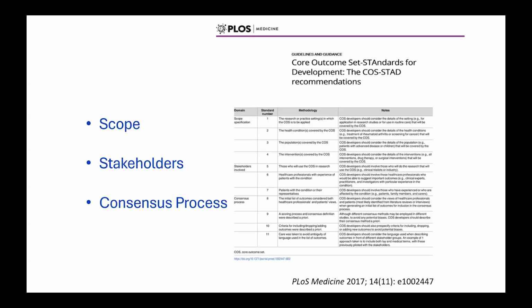So basically, we advise developers to clearly specify the scope, so the setting, the population, the health condition, and intervention for which the core outcome set applies, so that people actually know if they want to use it, who it's relevant to. The stakeholders, which I'll go on to in the next slide, and then also the consensus process.